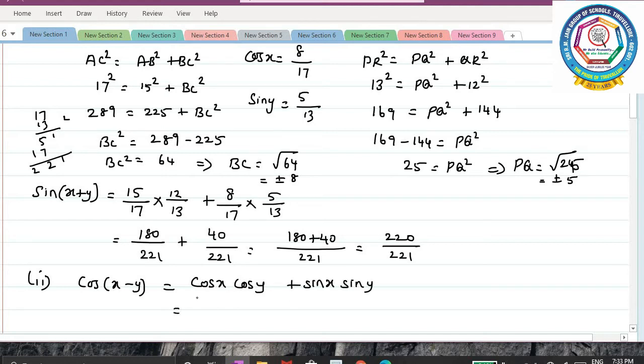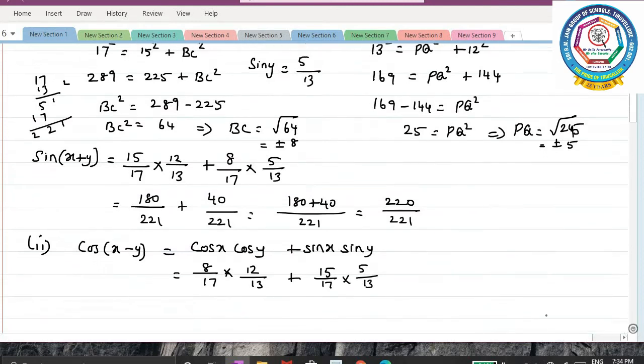So what is cos x? Cos x is 8 by 17. Then cos y is given, that is 12 by 13, plus sin x, which is given, that is 15 by 17. Then sin y is 5 by 13. We have to simplify this.